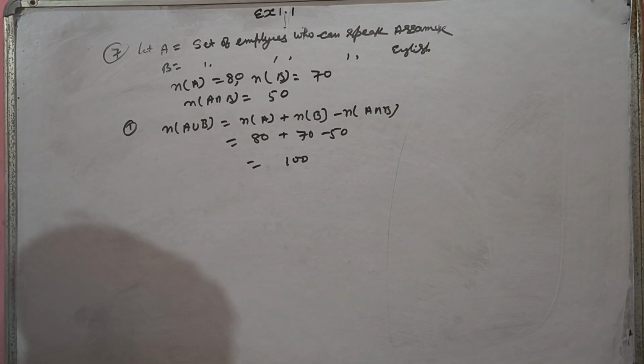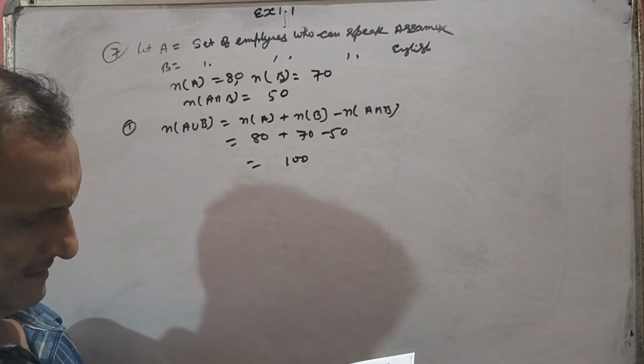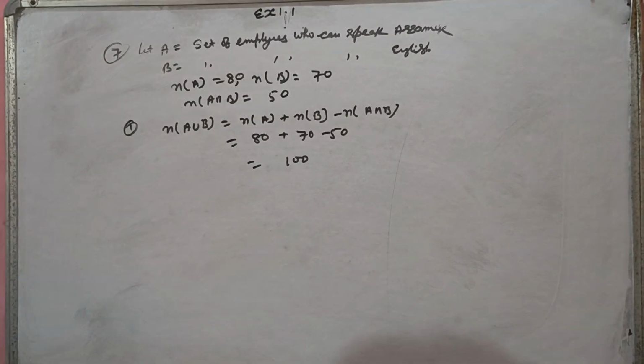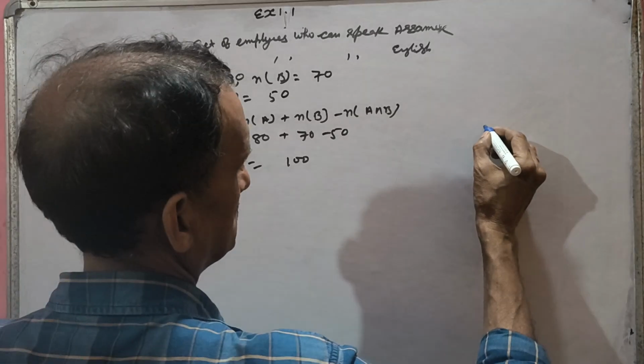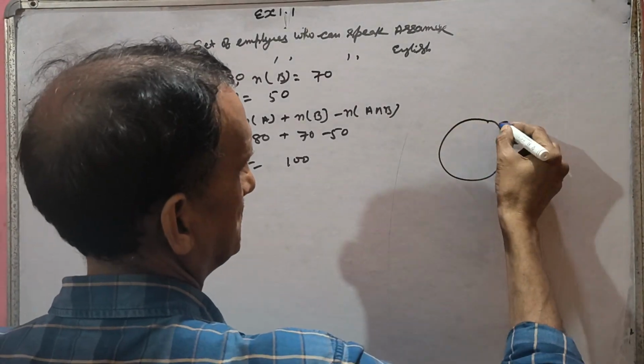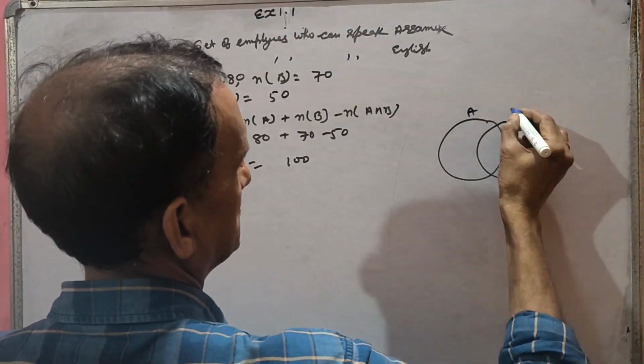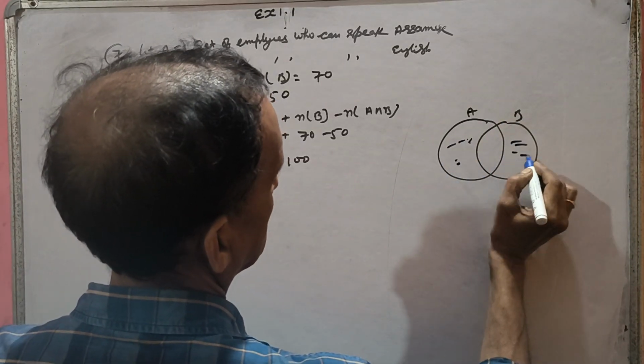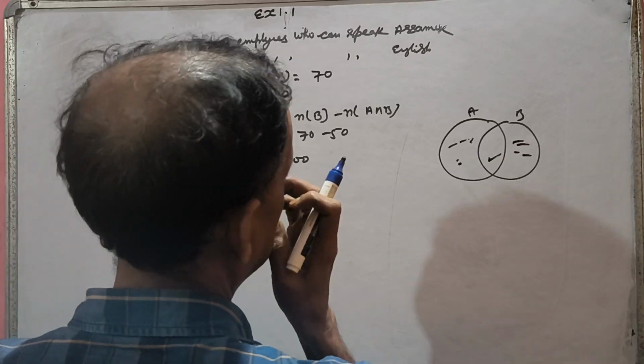In part 2 you are required to find how many of them can speak Assamese only. See here, when you draw the Venn diagram it will be more clear. This is A, B; this is only Assamese, this is only English, and this is both.